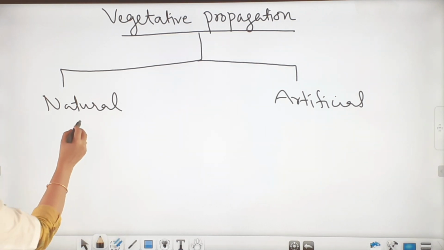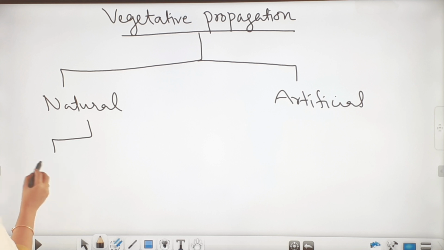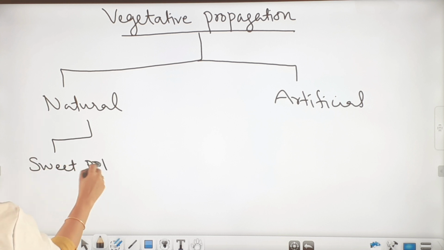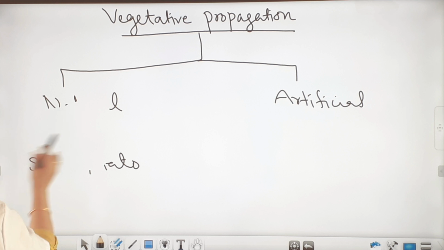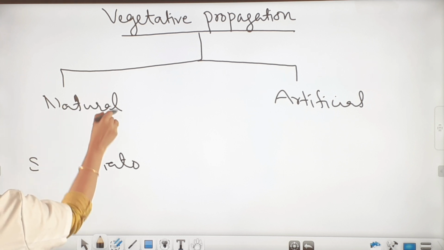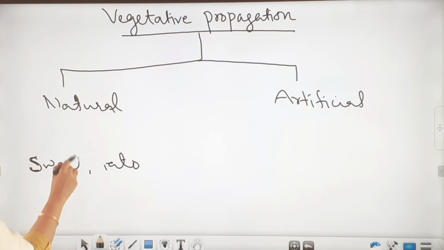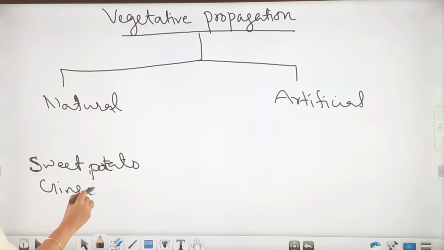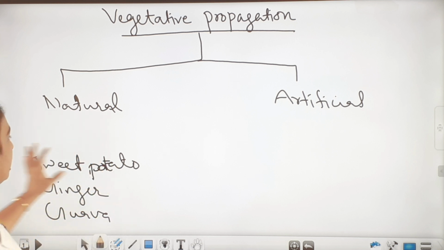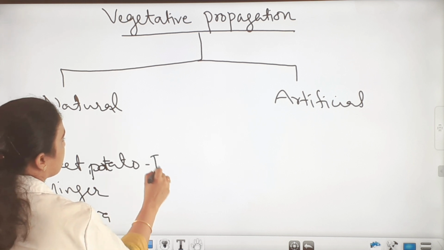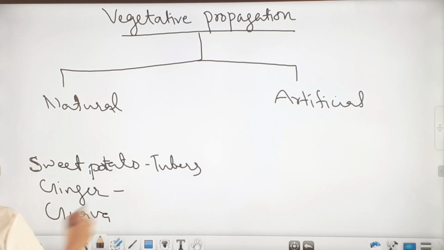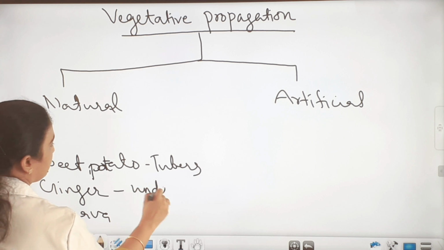From the root, stem, etc., some plants form their offspring. For example, sweet potato, ginger, guava, etc. Here the sweet potato is grown from the tubers of the parent plant, and ginger is an underground stem.